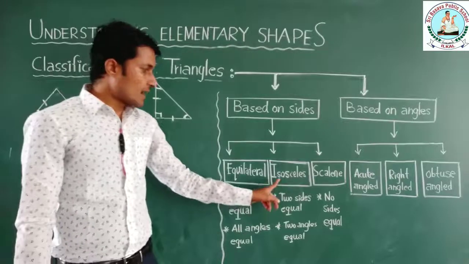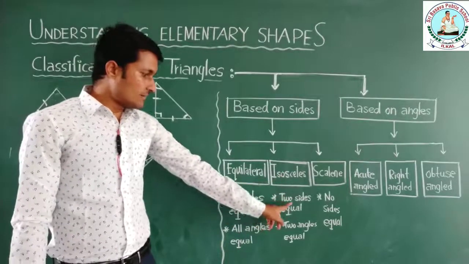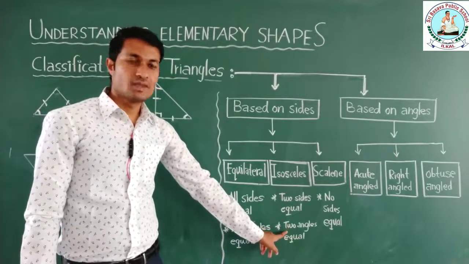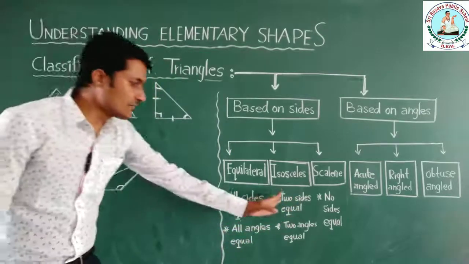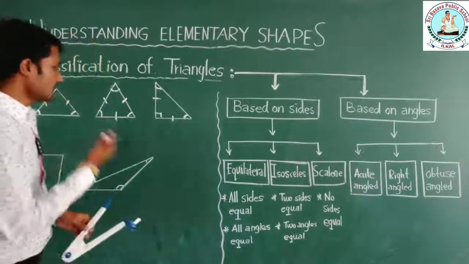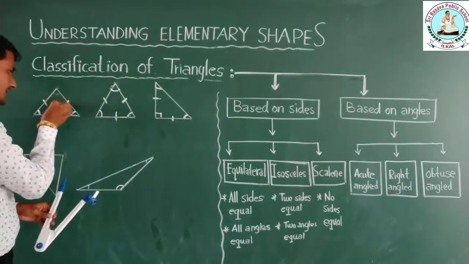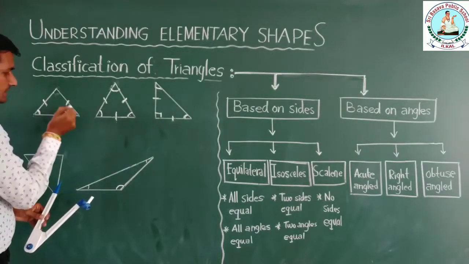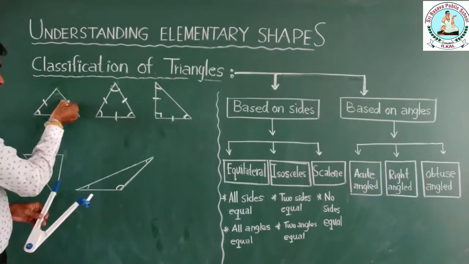Here is the isosceles triangle, which says that in a triangle if two sides are equal and their opposite angles are also equal, then such a triangle is called an isosceles triangle. So where are the isosceles triangles here? Here two sides are equal, and their opposite angles. See here, its opposite angle is this and its opposite angle is this, or its corresponding angle is this and its corresponding angle is this.